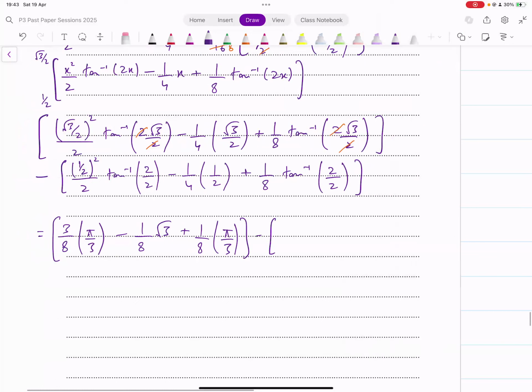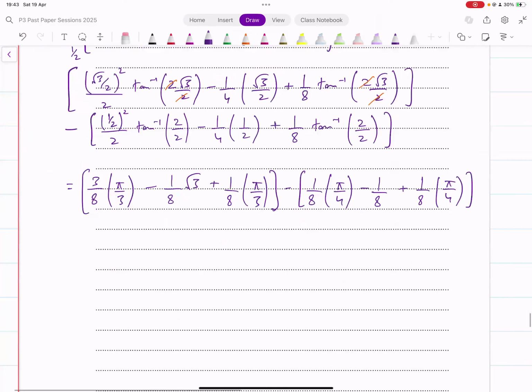Subtract from this the case when you have 1 over 2 here. 1 over 4 over 2, that will be 1 over 8. Tan inverse of 1, that is pi over 4. Minus 1 over 4 into 1 over 2, that's minus 1 over 8. Plus 1 over 8 times pi over 4.